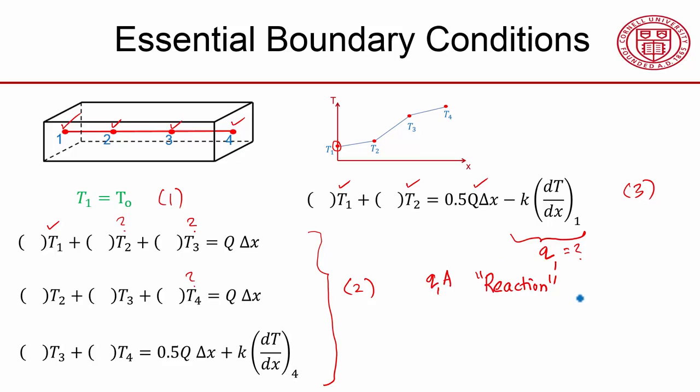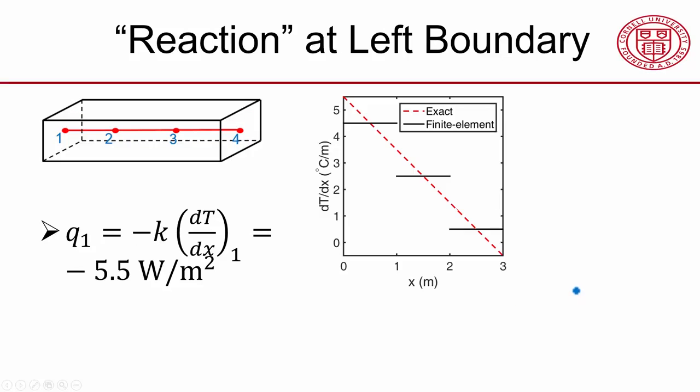If I plug in the numbers, I get that the flux at that boundary is minus 5.5 watts per meter squared. I picked K to be 1 in SI units, so dT/dx is just the negative of that, and that's 5.5.